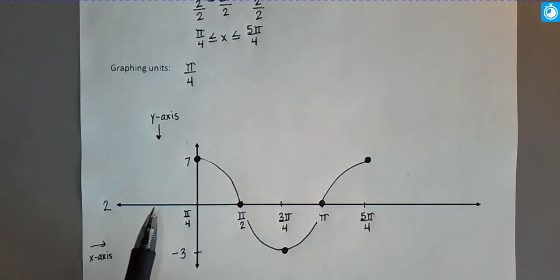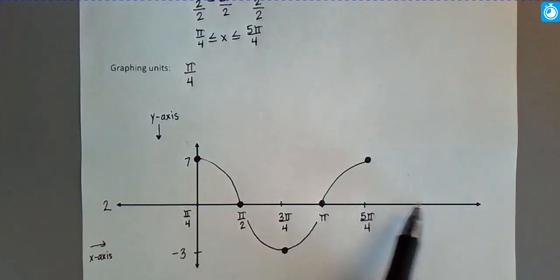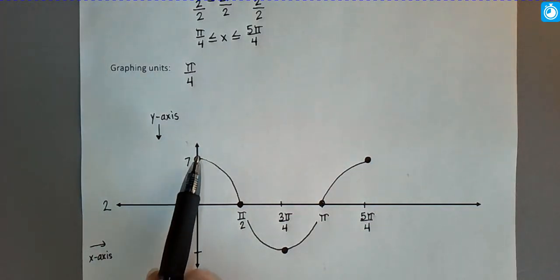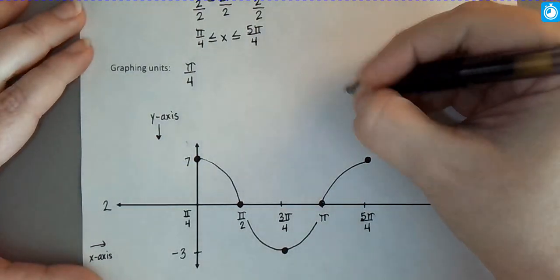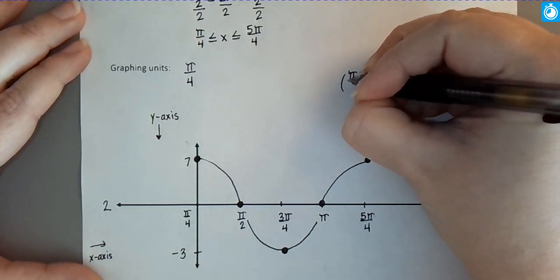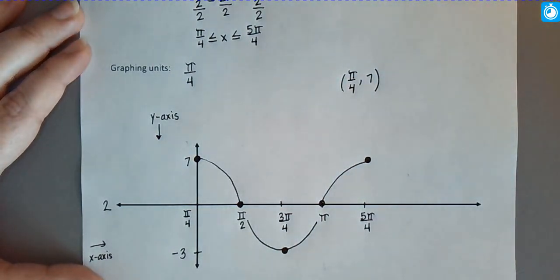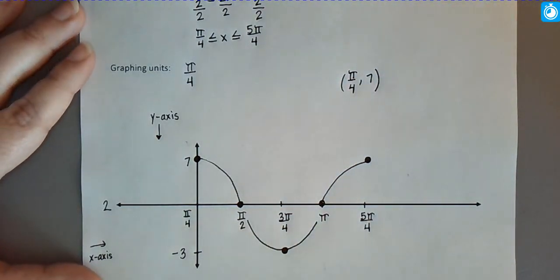Along this horizontal axis we have the x values, and along the vertical axis we have the y values for each of these ordered pairs. So our first point starts at pi over 4 for x, and the y value is 7. So that point is pi over 4, comma 7. That'll be an actual point that we'll either drag and drop on the grid or plot using the point plotting tool.